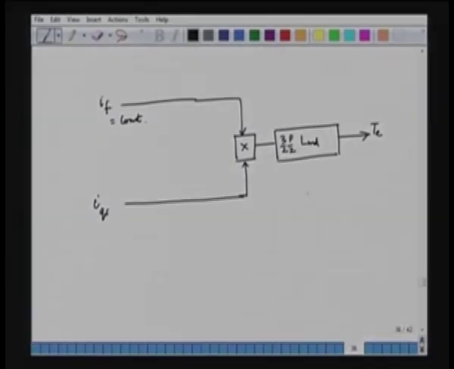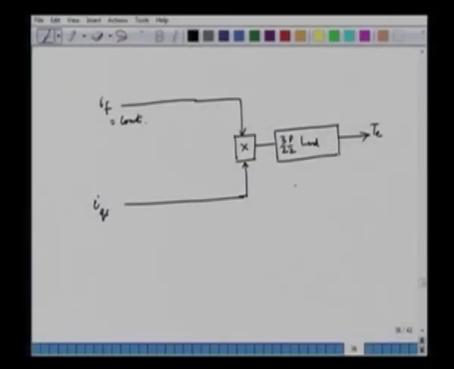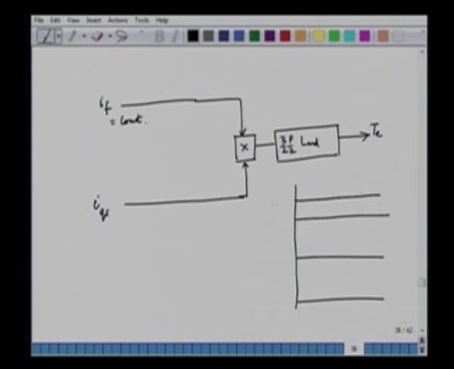If we show it in terms of a response, this is our control response. IF is kept constant, T is in the x axis, and if we change IQS in a step, the torque will also change instantaneously.